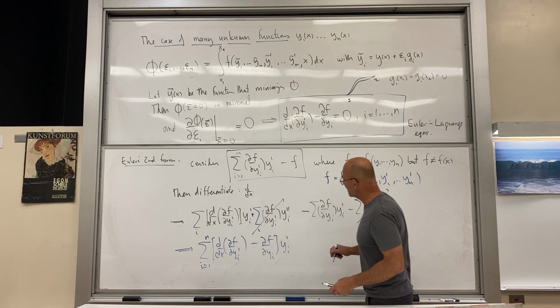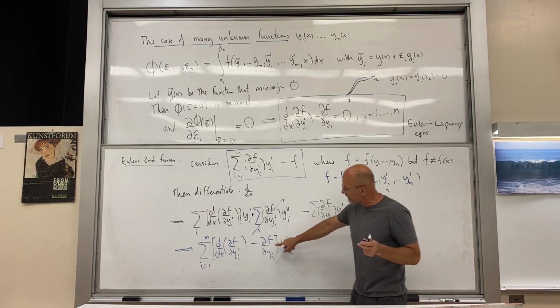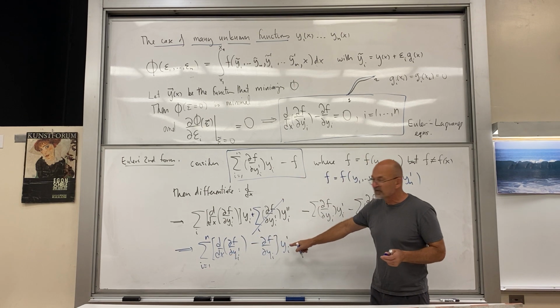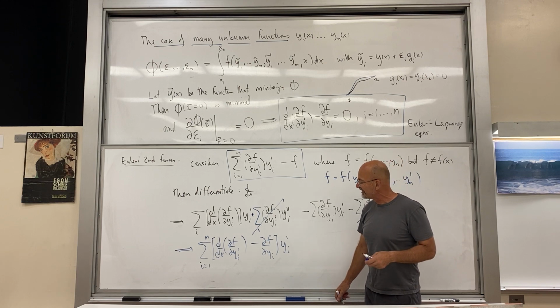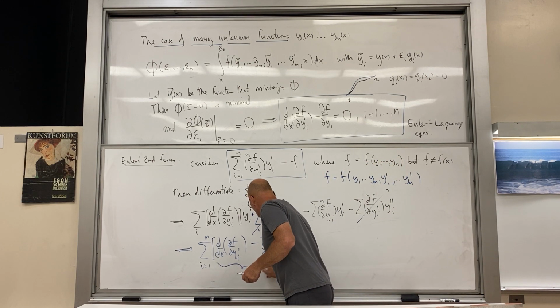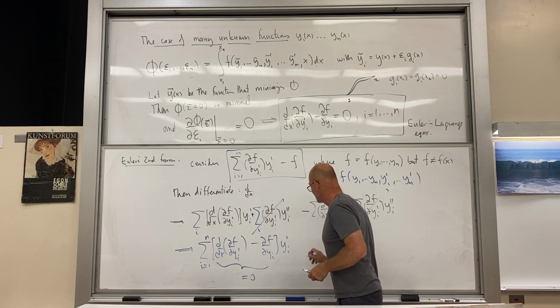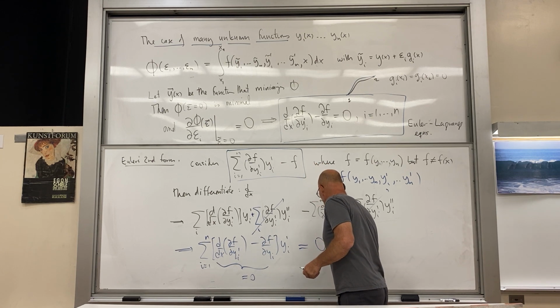So we've differentiated this, we've obtained this expression, and look, inside the square bracket is the Euler-Lagrange equation, and these vanish. These all vanish. That means this thing is 0 as well.